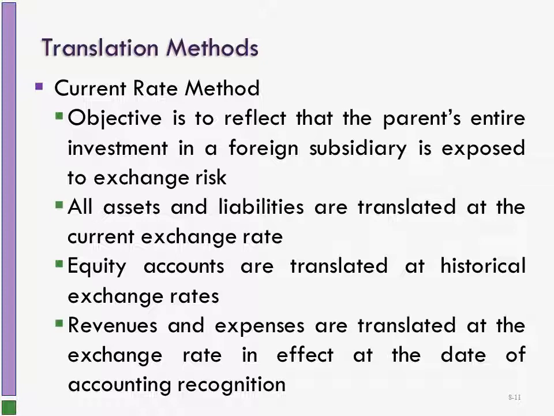In the next slides, we are going to see tables that show a summary of the difference between the major translation methods, the main translation methods used and recognized by the accounting standards, which are the current rate method and the temporal method.